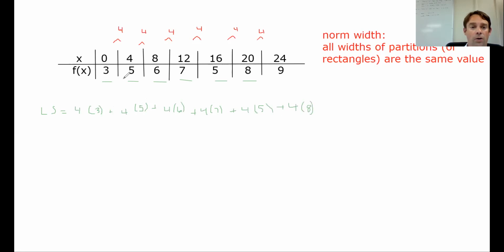And then we have our right sums, 1, 2, 3, 4, 5, and 6.